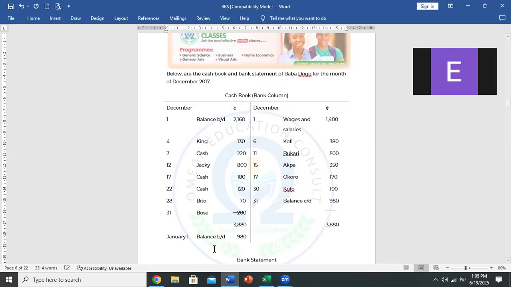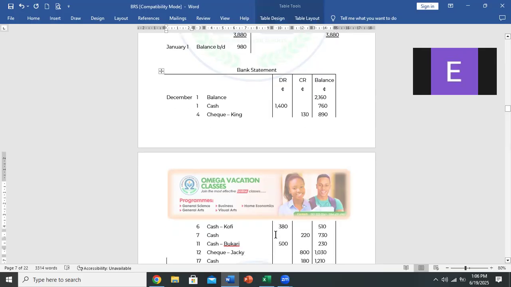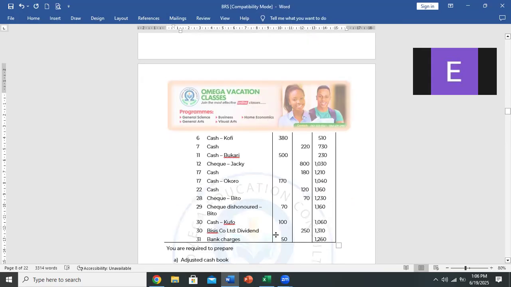Now let's look at the bank statements, and this is what you have on the bank statement. So you have December 1st, the balance is 2,160, and then you have all these details, some under the debit column or the withdrawal column. Note, I indicated that the debit column of the bank statement is the withdrawal column, okay, and the credit side is the deposit column, or where you receive money into.